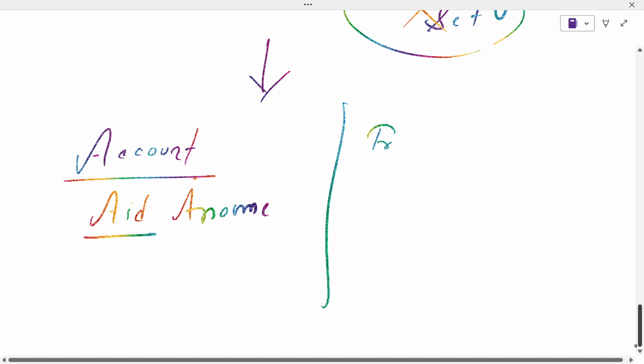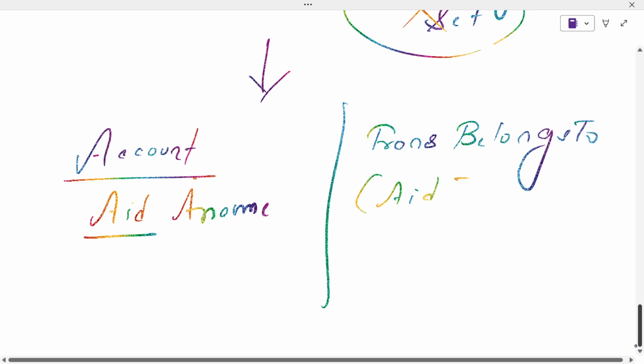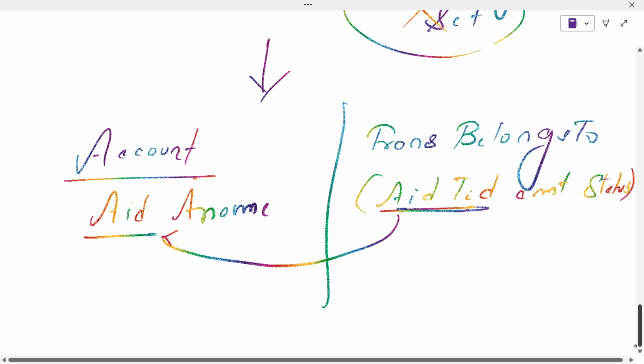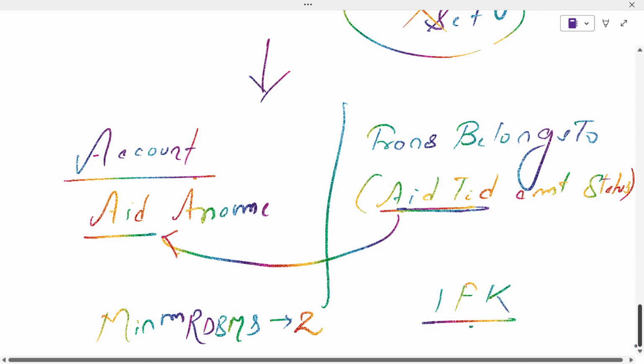We can combine the relationship with the transaction, and this table will consist of the AID, TID, the amount and the status, of course. So these can be combined together with this as the key and this being the foreign key. So the minimal RDBMS design is two tables and one foreign key, right? So this way we can construct it.